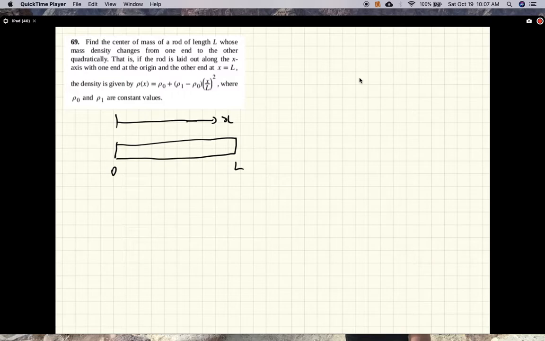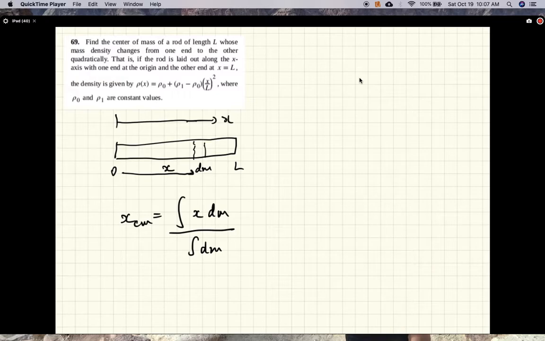Anyway, the center of mass is given by, the idea here is, you break up the rod into little pieces. dm is the mass of this little piece, and x is the location of that piece. So the center of mass is given by integral x dm divided by integral dm. So that's the definition, and we'll have to do this integral.